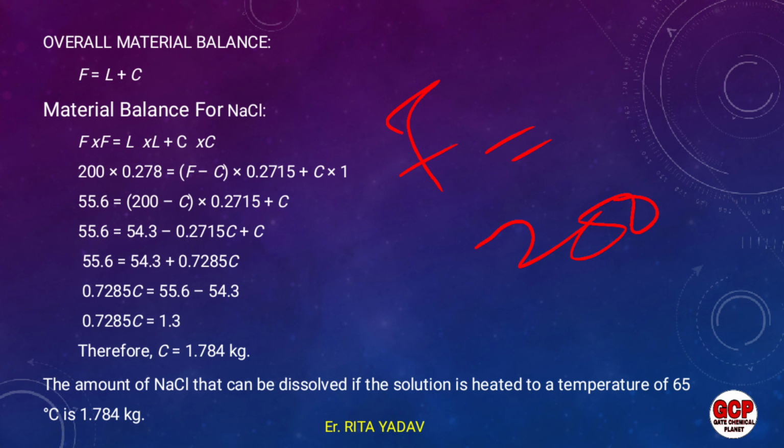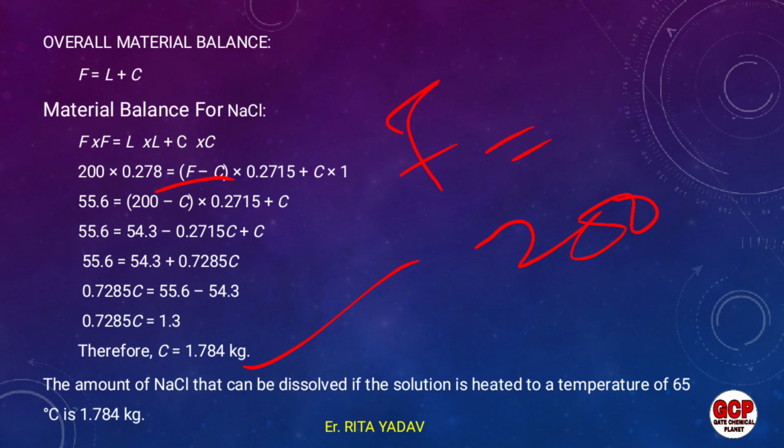Here we have to calculate the value of C, so we replace L by writing L equals F minus C. So we are putting F minus C here, and we already have the value of XL, which is 0.2715, plus C into 1. So in this way we can calculate the value of C here.